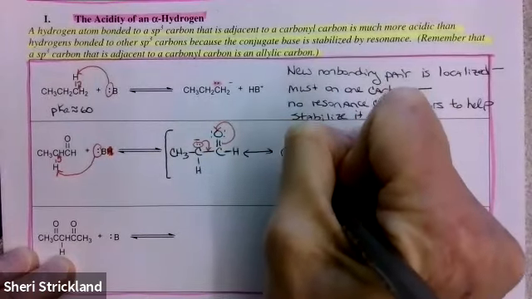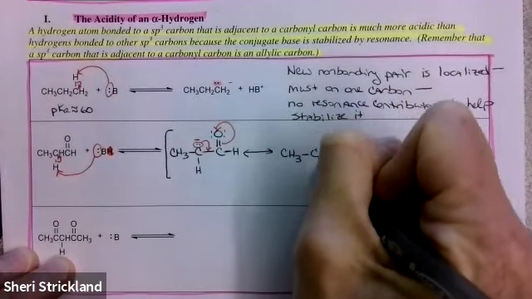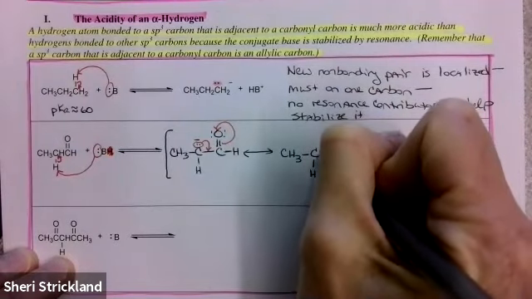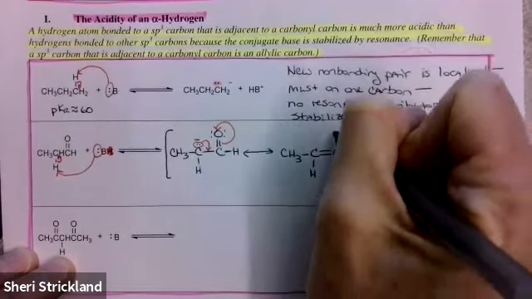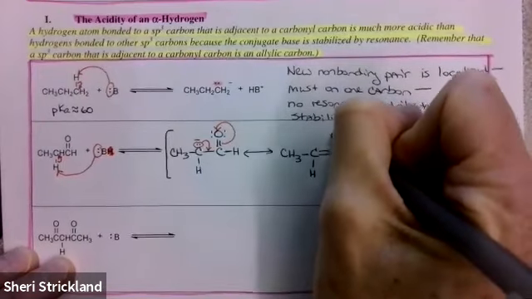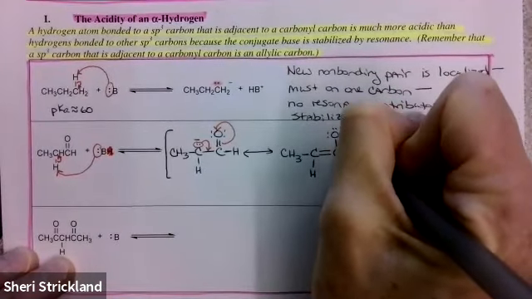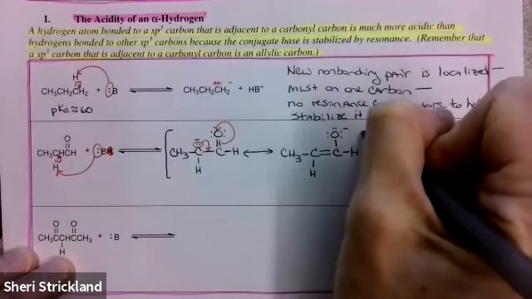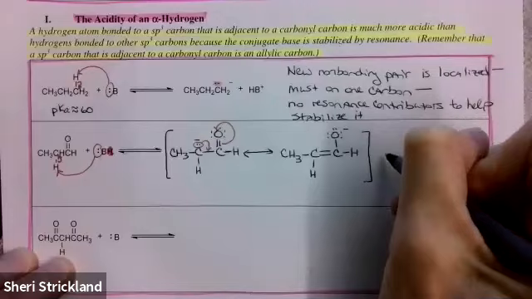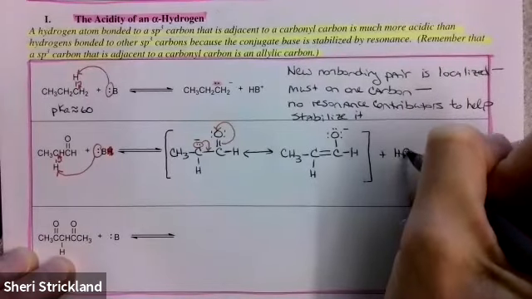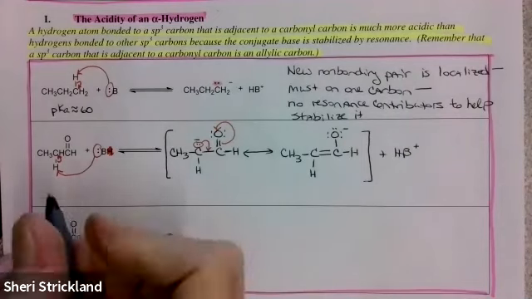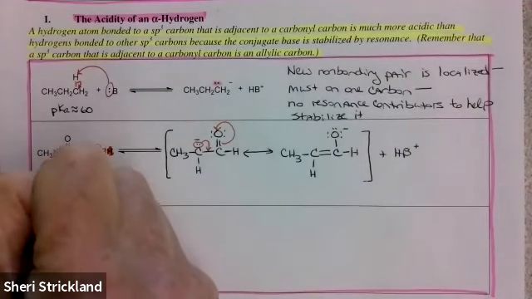If you stabilize the conjugate base, what does that do to the acidity of the conjugate acid? Well, if it's going to a more stable conjugate base, then the conjugate acid is more willing to donate a hydrogen cation. And in fact, if you look up the pKa of an aldehyde, it's 17.